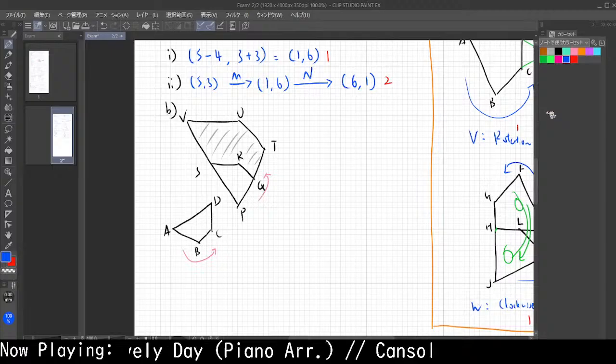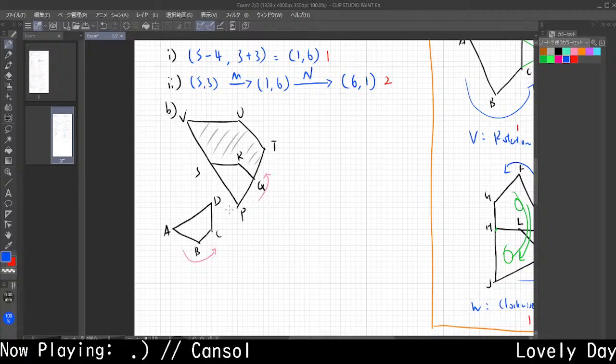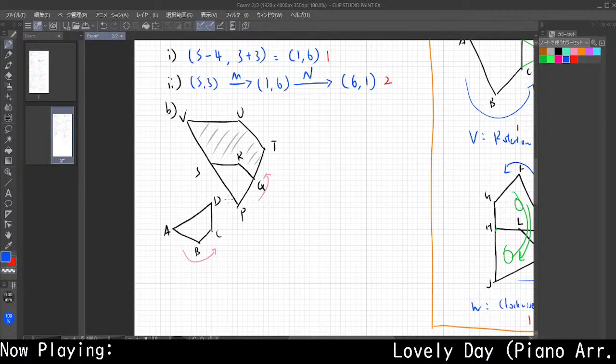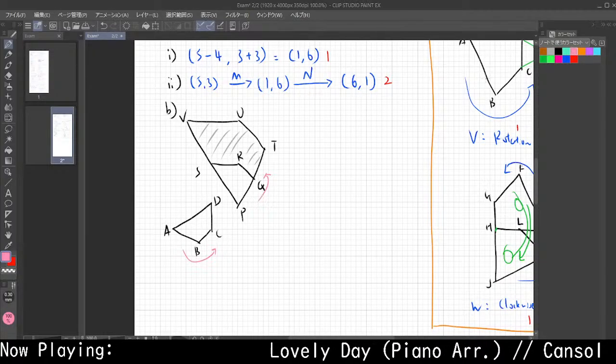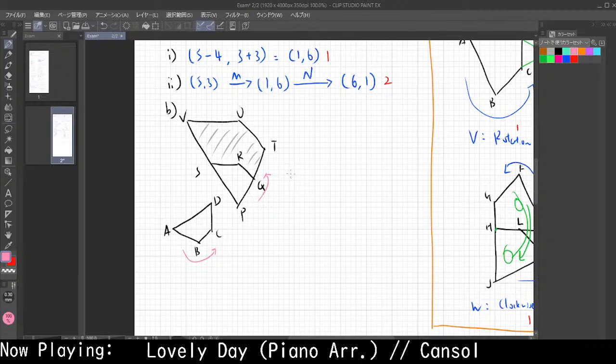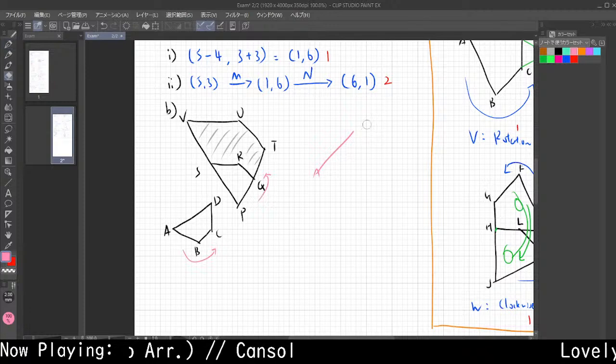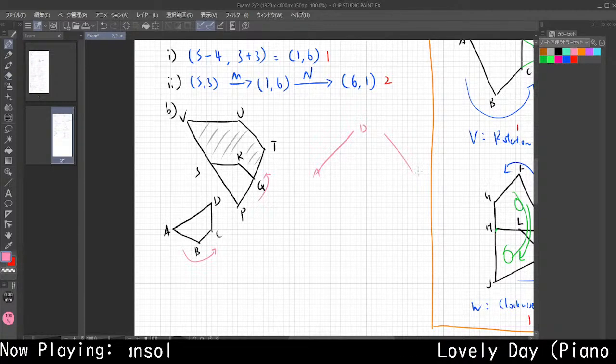So rotate by how much? In this case, if you look at the orientation of the shape, it basically only rotates 90 degrees. Your longest line, AD, is pointing in this direction. Then after you rotate, your PS is pointing in this direction.